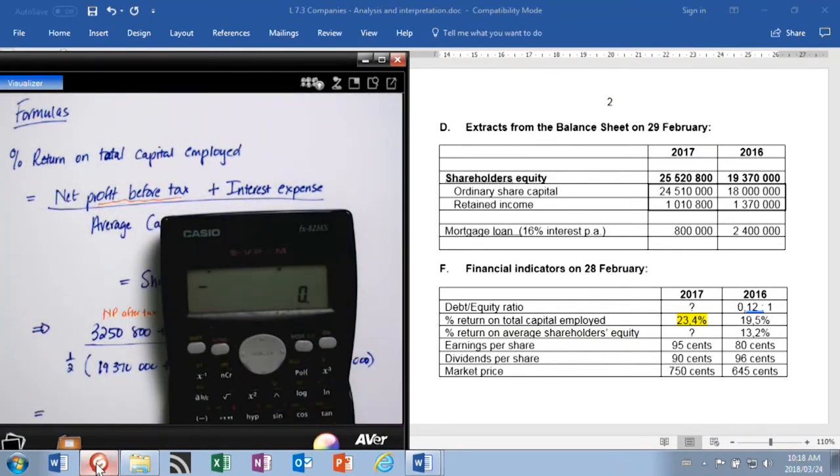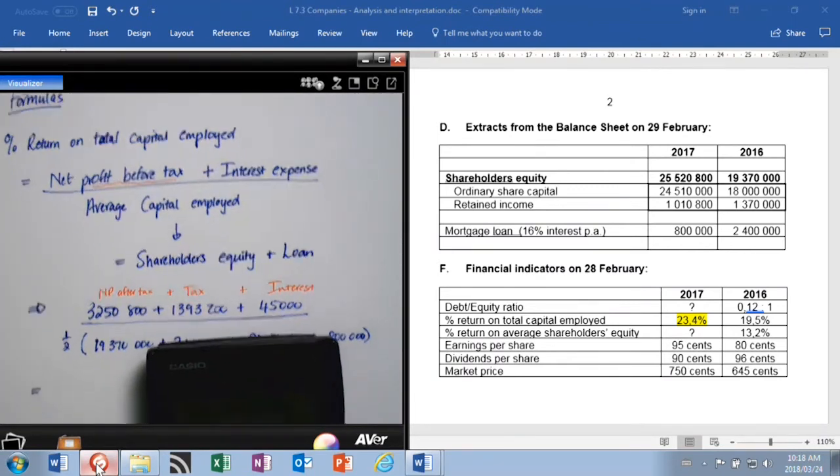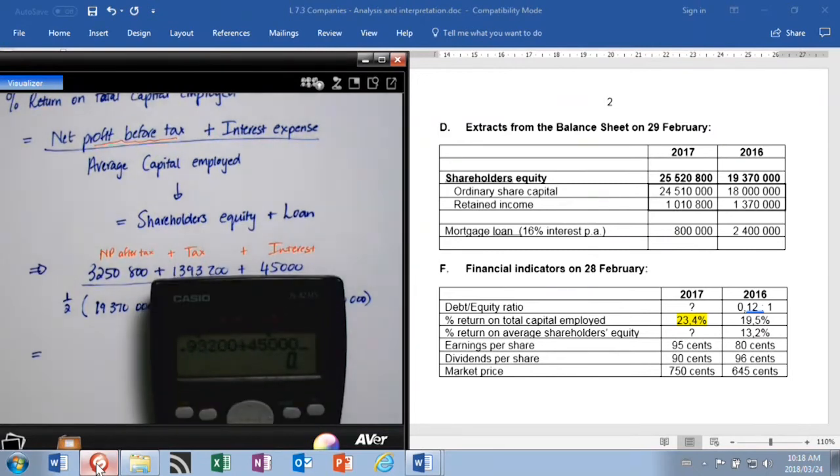Let me start over. 3,250,800 plus 1,393,200 plus the 45,000.